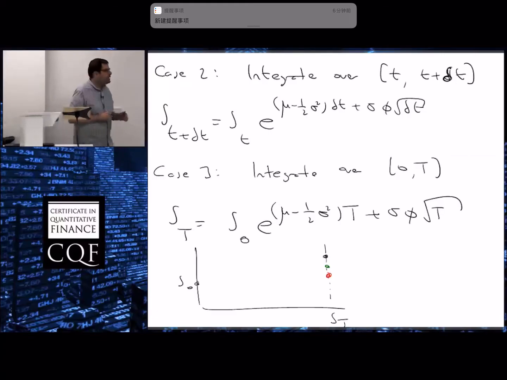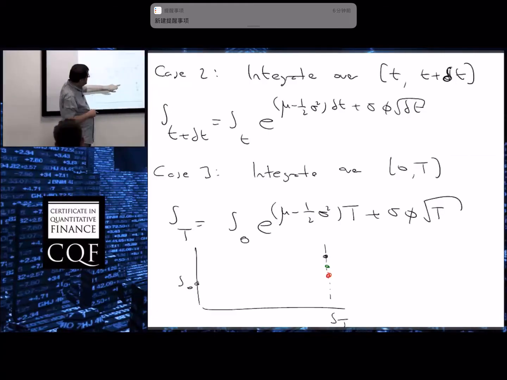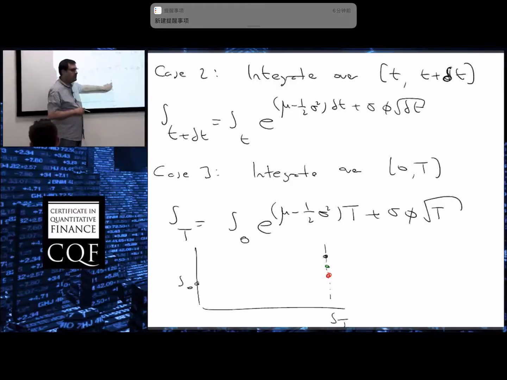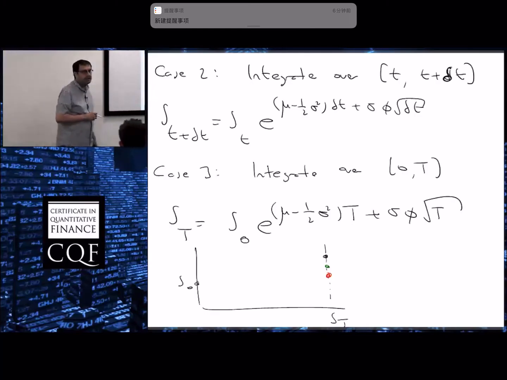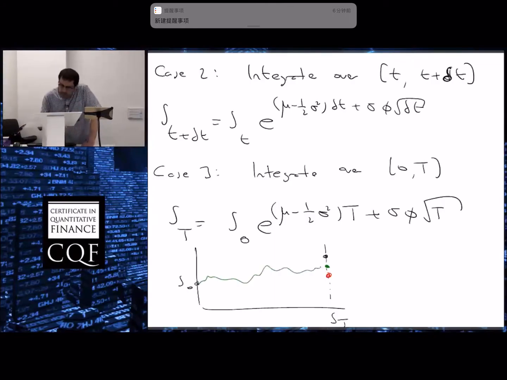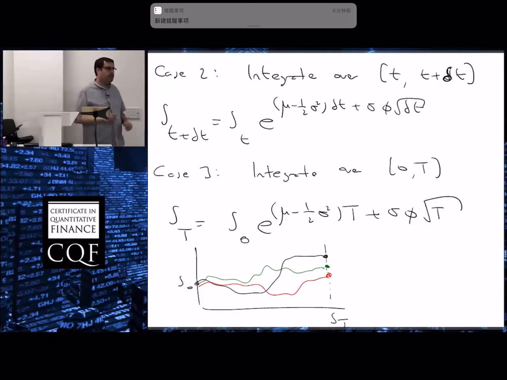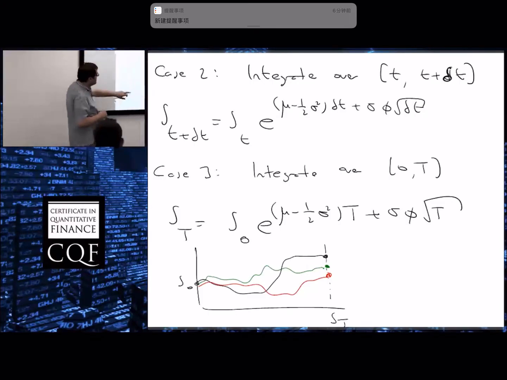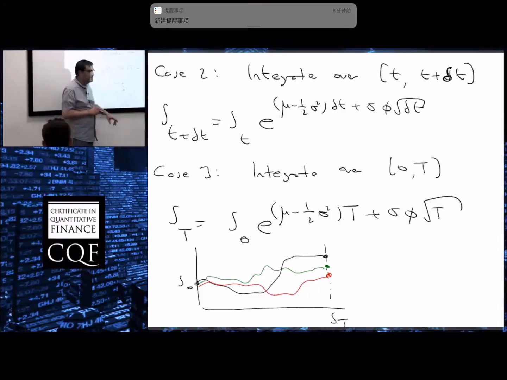So what we end up with is a distribution of stock prices at time big T, and then we can simply work out the payoff and work out the price of the option from that. So you don't need to do a whole load of these. We just simply simulate all of these prices at expiry.